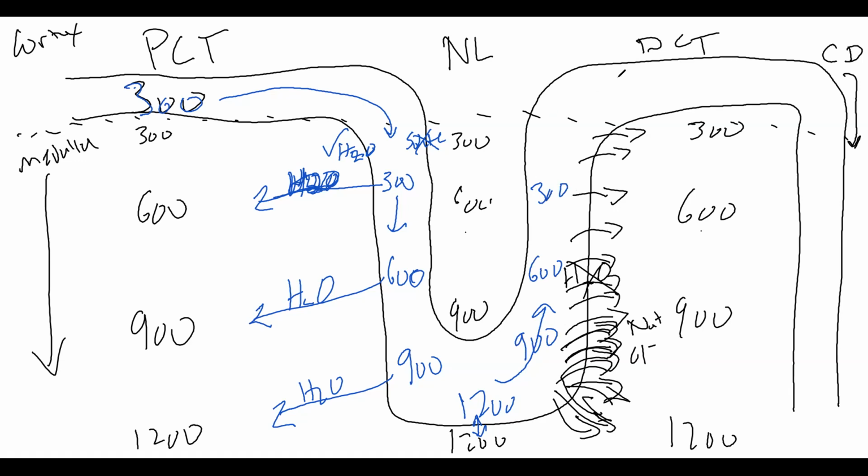Eventually it gets to about 100, 150 osmolarity, because the volume's low, but now you have your little magic tweezers pulling out the sodium and chloride. So the volume remains the same, but it loses its saltiness. And remember, the whole point of this is to reabsorb water. So here the fluid keeps traveling.